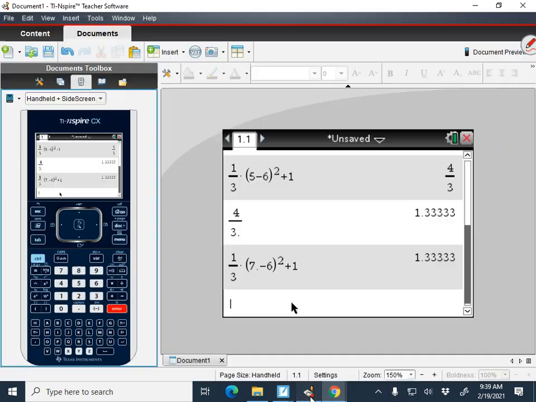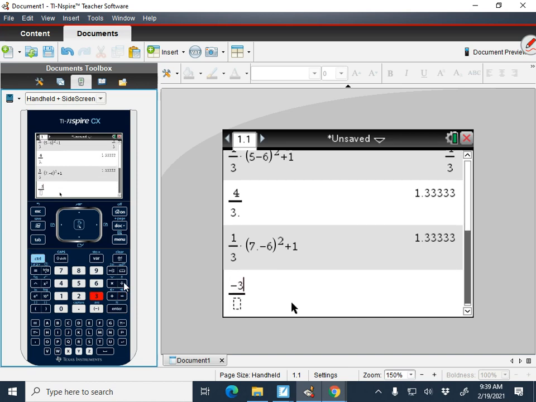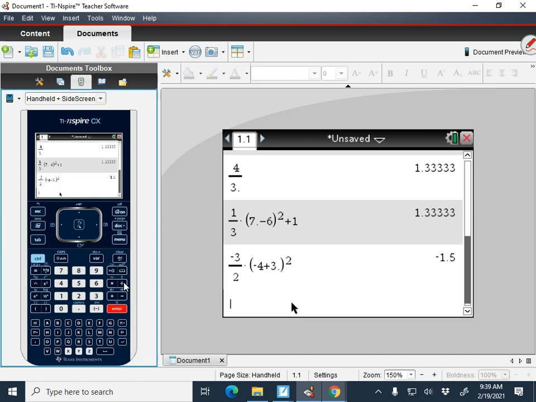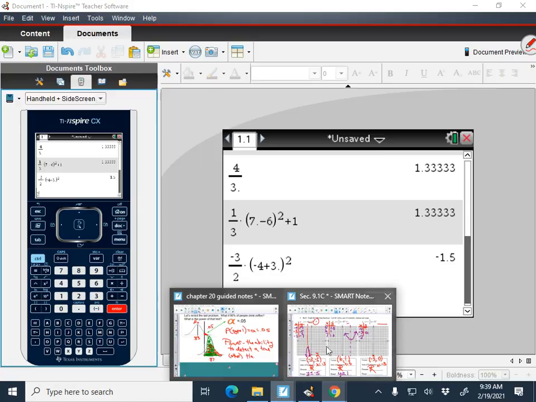So on the calculator, I go Control, divide, -3 over 2, parenthesis, -4 plus 3 squared. And in case, I'm going to put a dot on so it gives me a decimal, and it gives me -1.5.